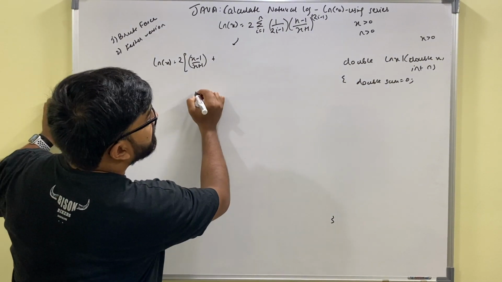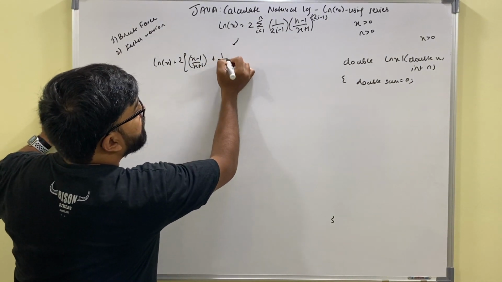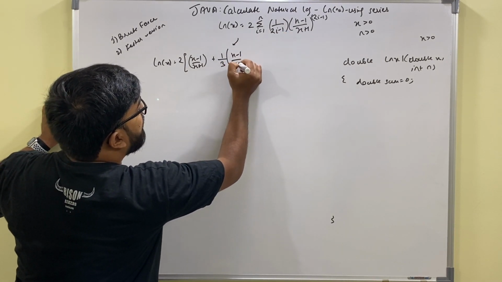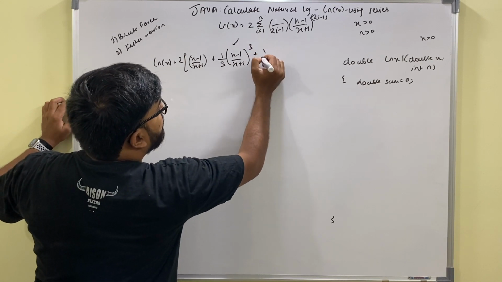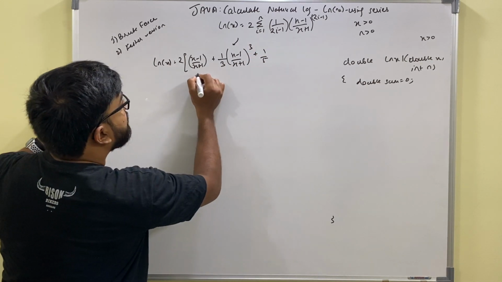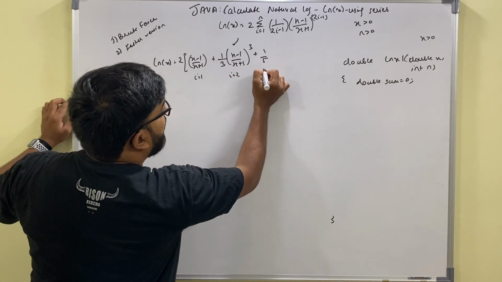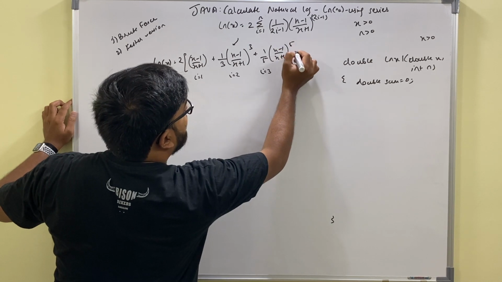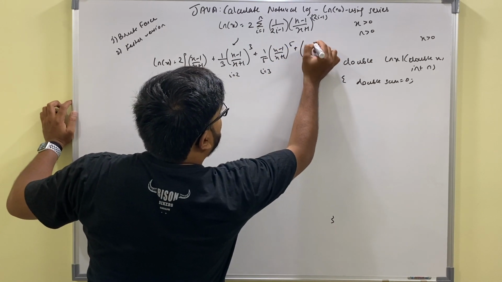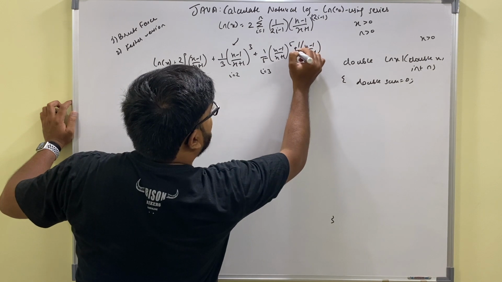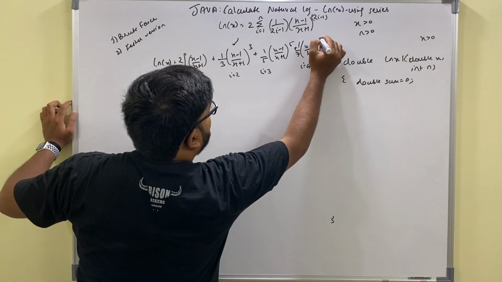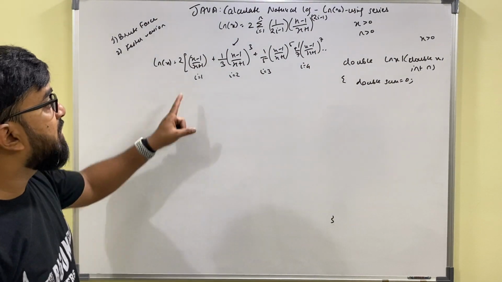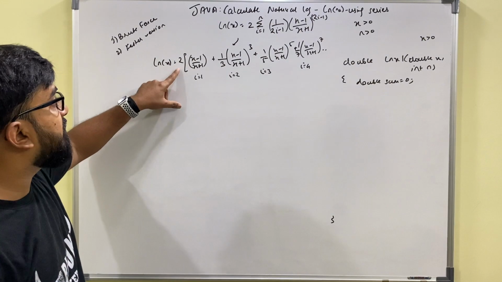Plus, for i equal to 2, 2 into 2 minus 1, this is going to be 3, so 1 by 3 into ((x minus 1) upon (x plus 1)) to the power 3, plus 1 by 5 for i equal to 3, ((x minus 1) upon (x plus 1)) to the power 5, plus 1 by 7 for i equal to 4 to the power 7, and so on, till i equal to n. For the first n terms, we find the sum of this series, and we multiply it by 2.